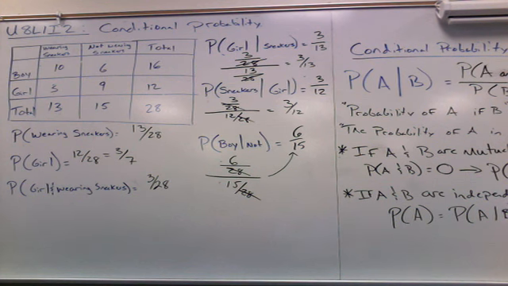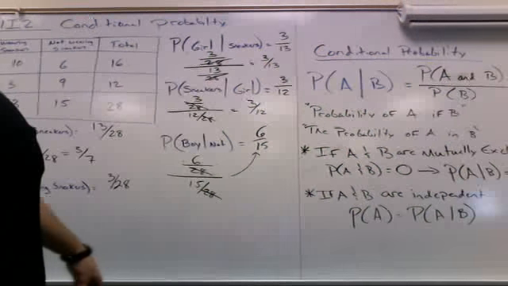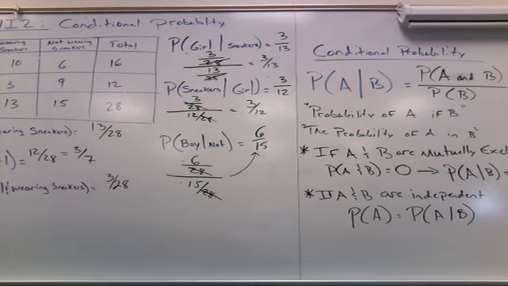How do you know? You can't tell by the table. Remember from down here, it says the probability of A equals the probability of A given B, right? That means they're independent.